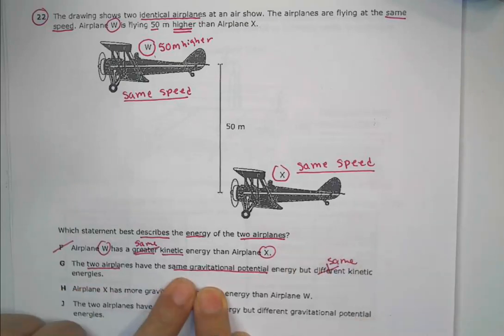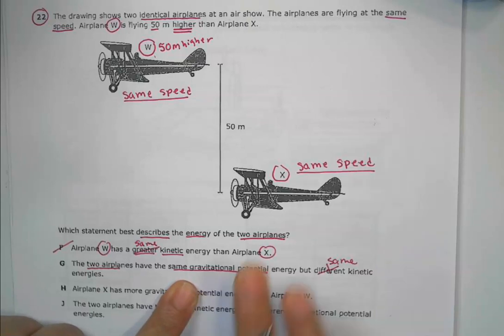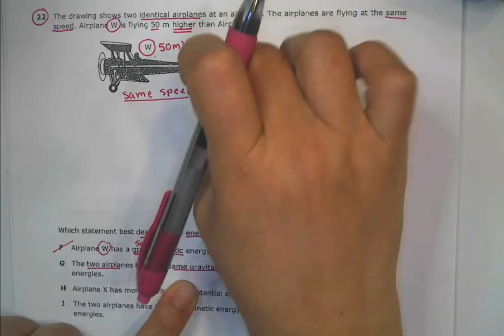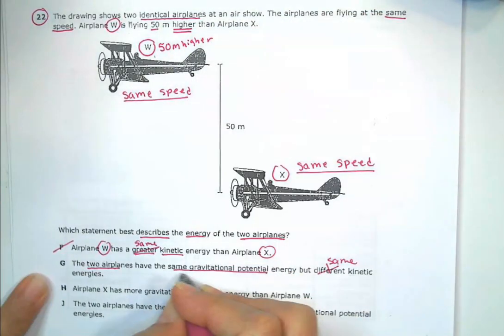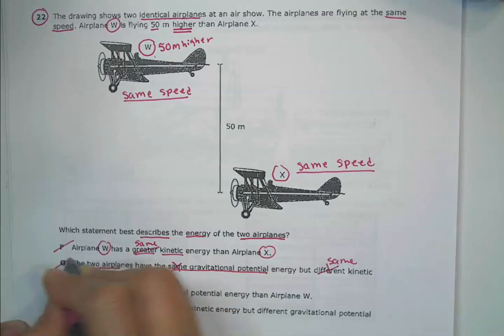Now, when we're talking about gravitational potential energy, we're talking about gravity, guys. So the one that is higher is going to have the greater gravitational potential. So both of them do not have the same. It's actually different.